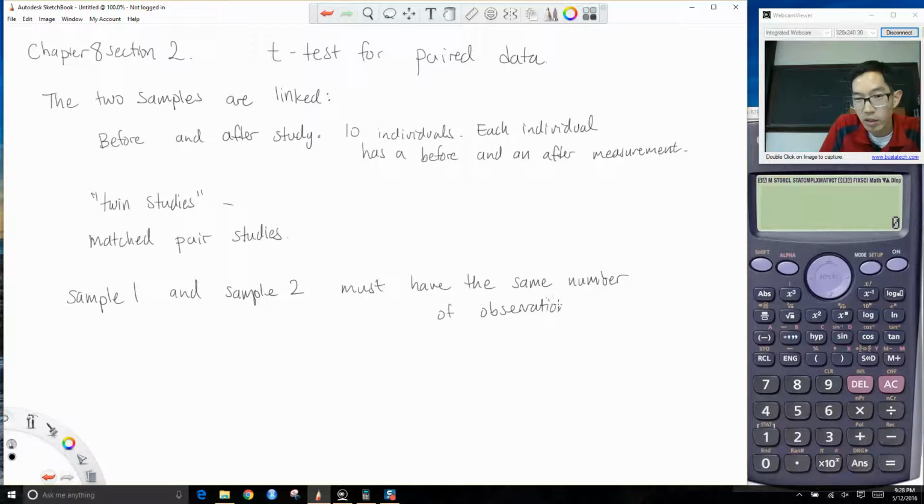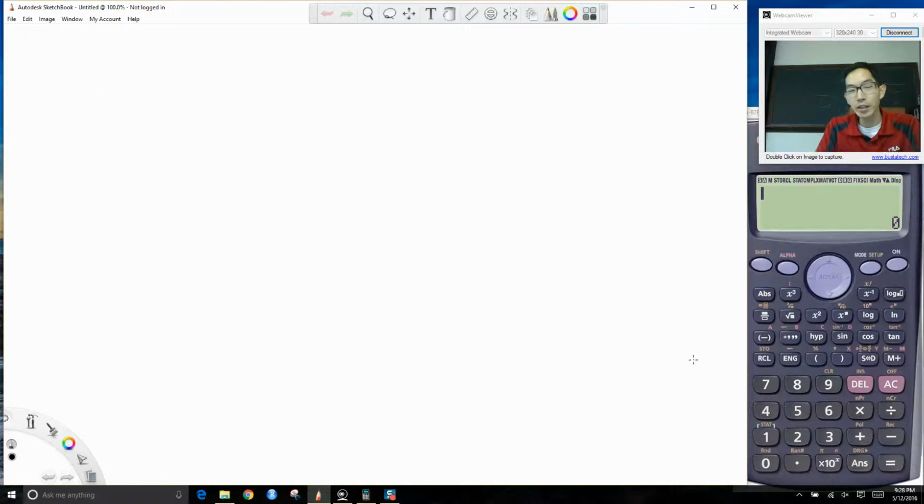But just because they have the same sample size doesn't mean they're paired data. Still, it's a key indicator that it's not paired data if you get two different sample sizes. And here we handle the study a little bit differently.